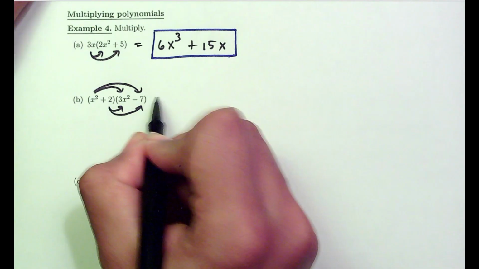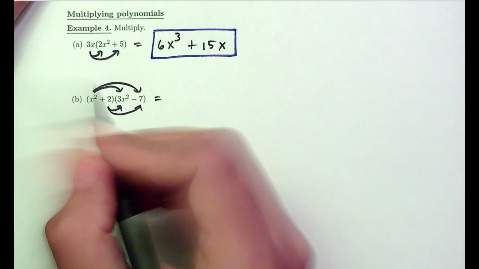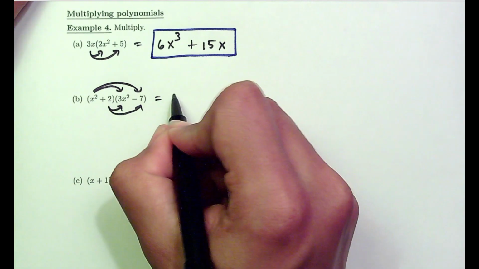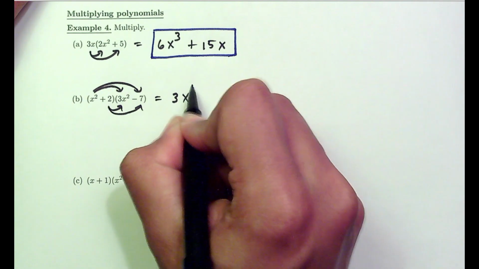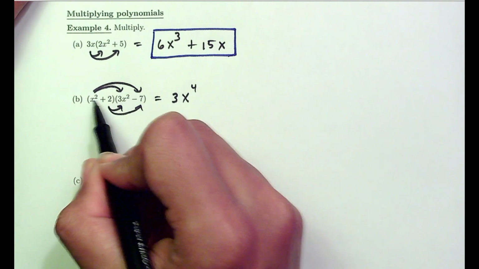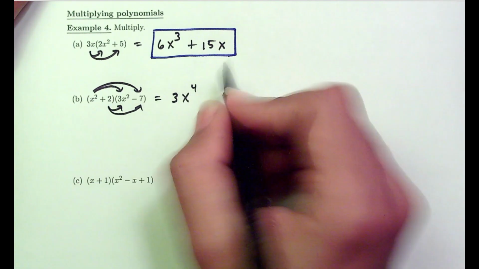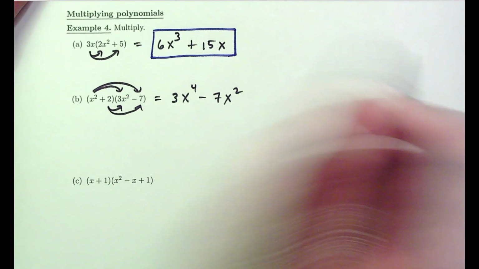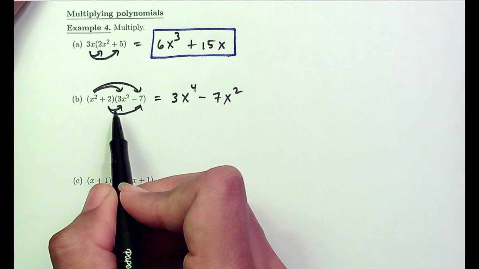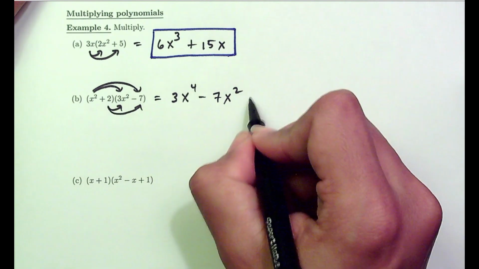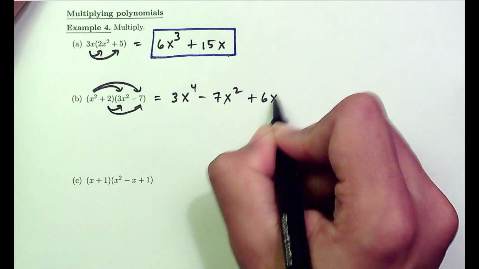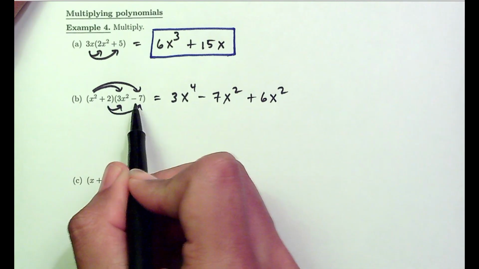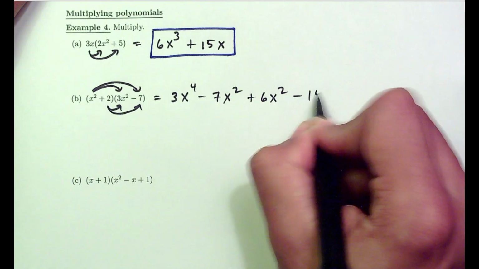Alright, so now let's write down what those are. First, starting with distributing the x squared. So x squared times 3x squared, that would be 3x to the 4. X squared times negative 7, that would be negative 7x squared. Now let's do the bottom arrows. 2 times 3x squared, that would be 6x squared, plus positive, both are positive. And then positive 2 times negative 7, that would be negative 14.